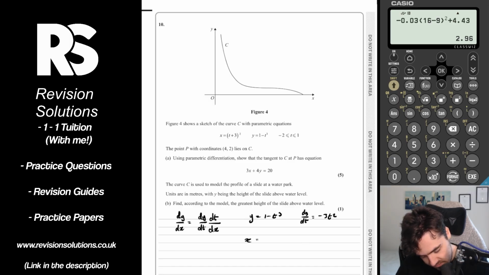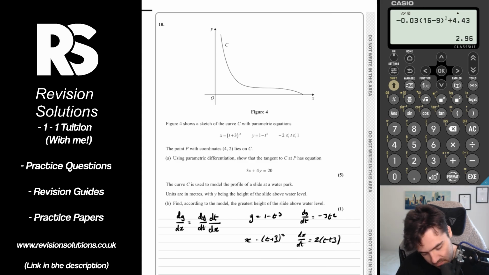x is (t plus 3) squared. We're going to need to use the chain rule to differentiate that. Differentiate the inside, t plus 3 just differentiates to 1, so it doesn't matter. So dx/dt is going to be 1 times bringing the power down, 2 lots of t plus 3.